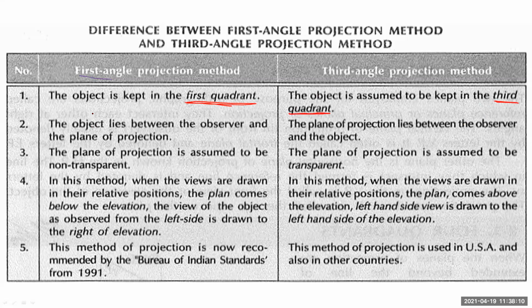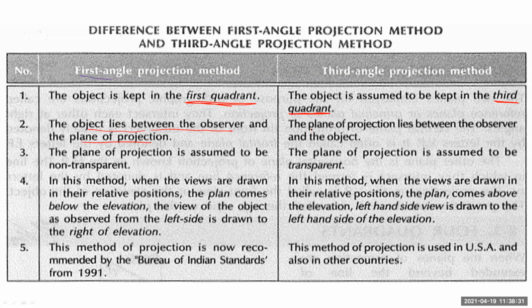Now the second difference is the position of object, observer and plane of projection. So here you can see the object lies between the observer and the plane of projection, that we have seen through example and your animated video as well.